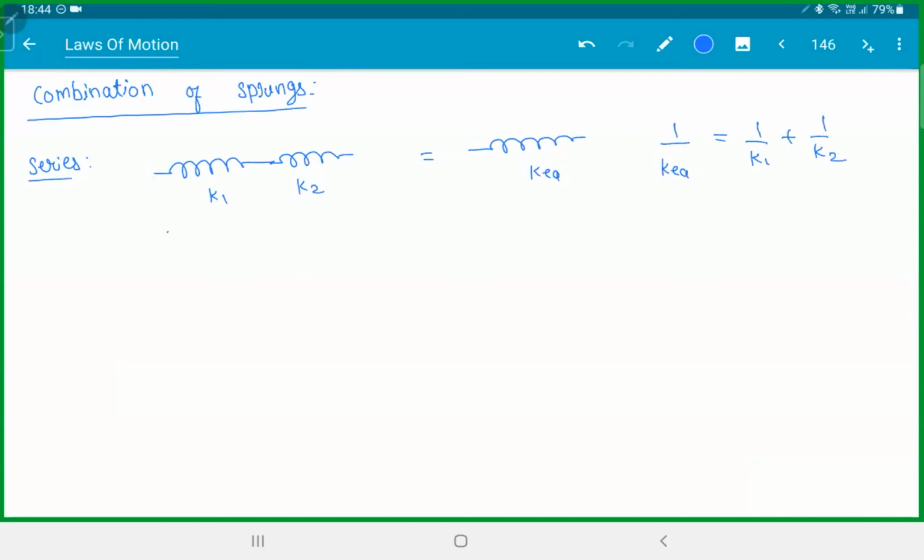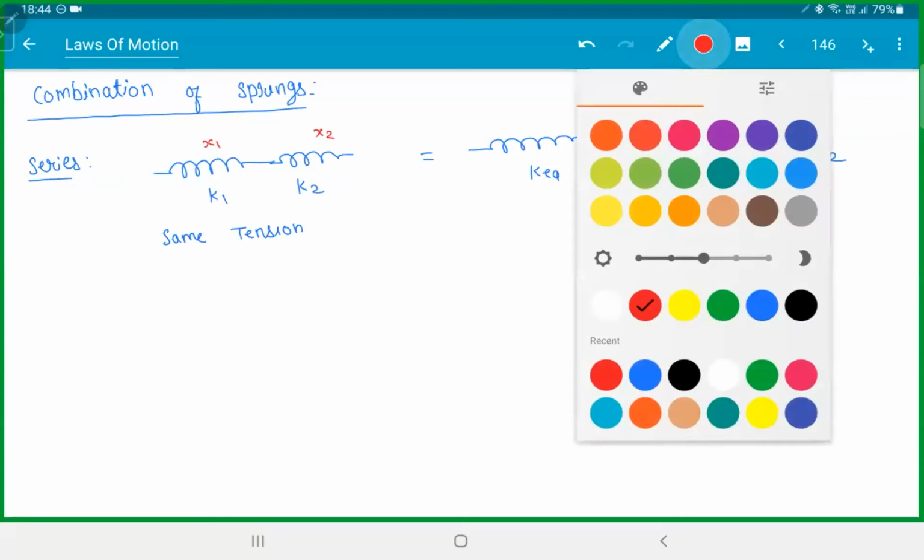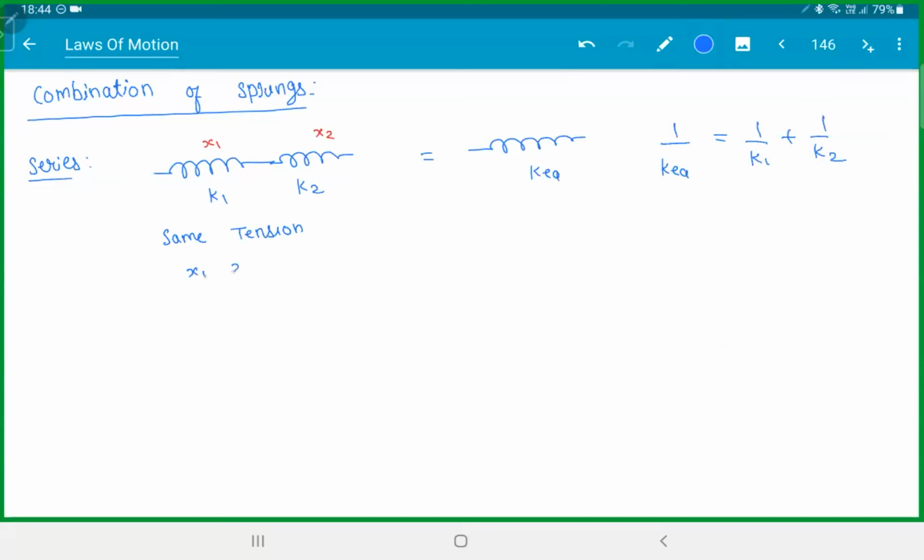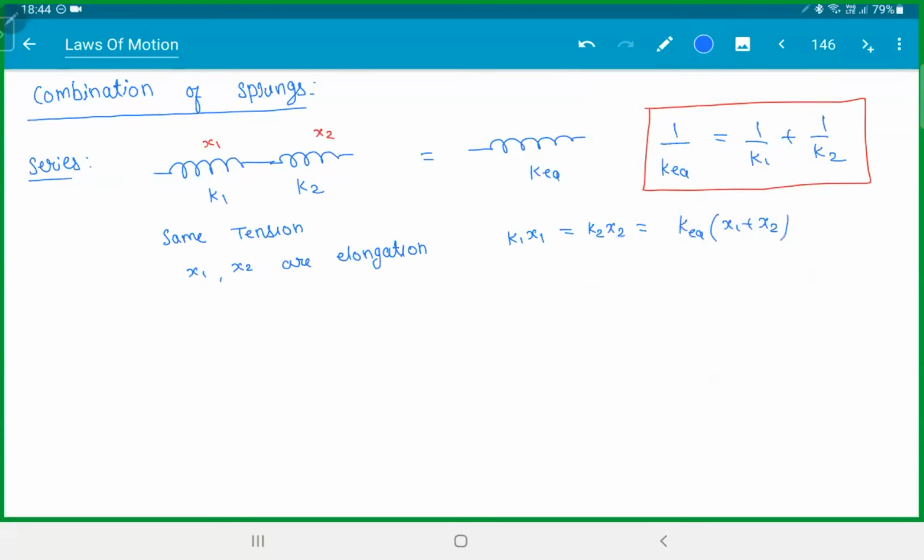When they're in series, they have the same tension. And if you say elongations are x1 and x2, we have k1 x1 equal to k2 x2 equal to k equivalent into x1 plus x2. This is how it is derived actually, but this result is more important. It is reverse of the formulas in resistors.